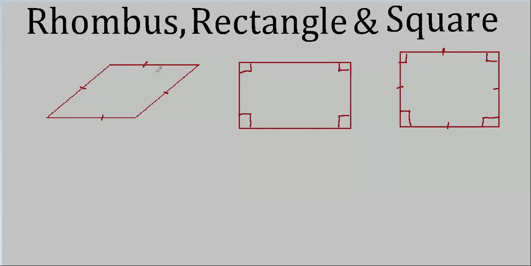A rhombus? No. Just has to have 4 congruent sides. It can have angles that are less than 90 degrees and then more than 90 degrees. They still have to add up to 360. It's still a quadrilateral. But the angles as you go around do not have to all equal 90 degrees.